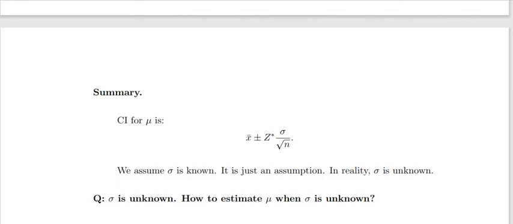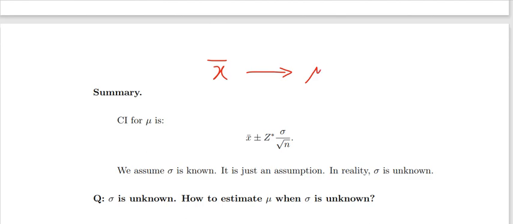From the sample average x bar, we want to estimate the population's average mu. We can do two things, like we can say, what is mu? Mu equals x bar. We call this a point estimation.